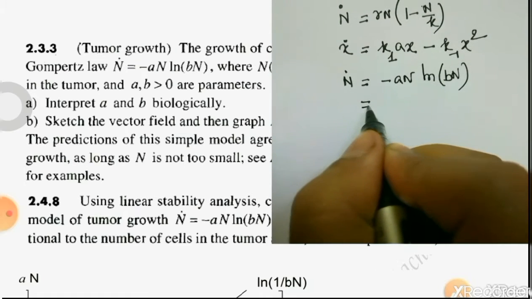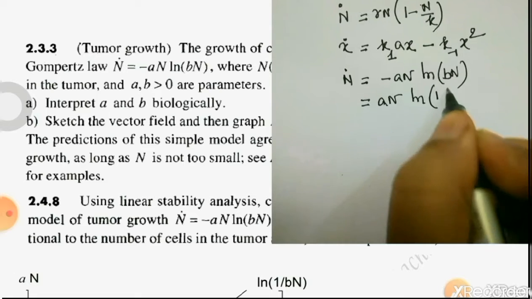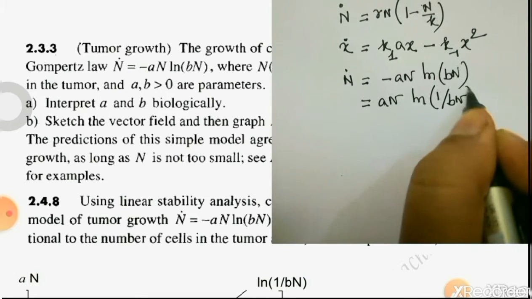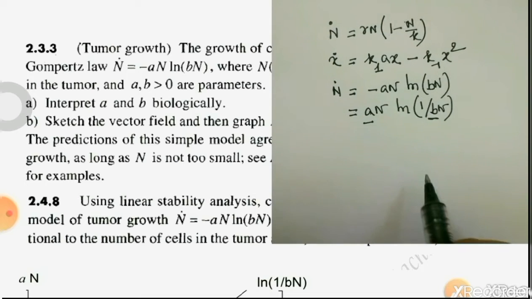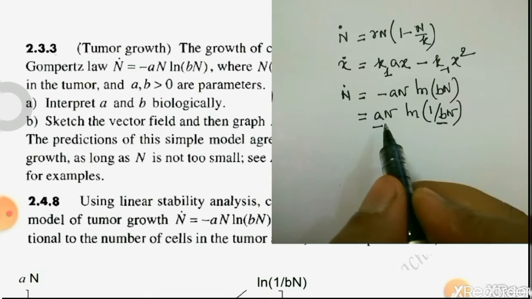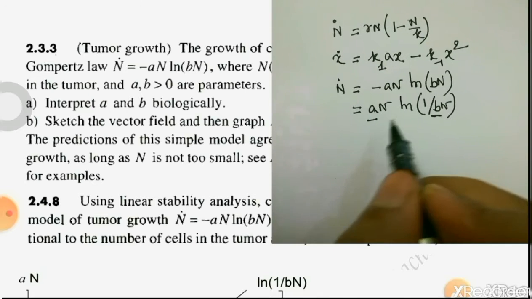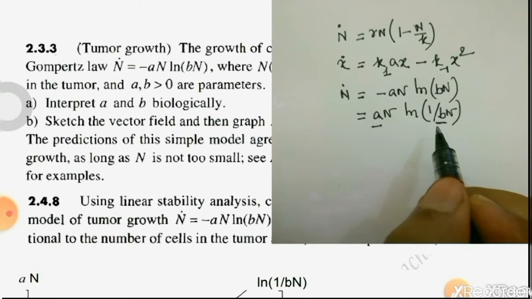Now, our one-dimensional equation is n dot is equal to minus a n ln b n. Let us write this equation as a n ln 1 by b n. Okay, a is a constant related to how fast the cancer cells multiply, and b is related to the carrying capacity.